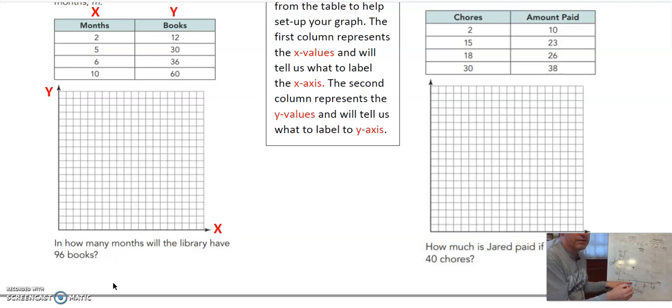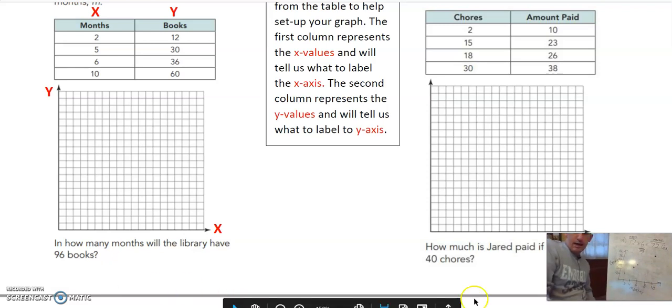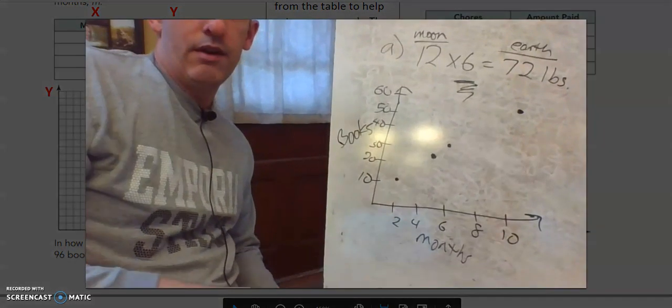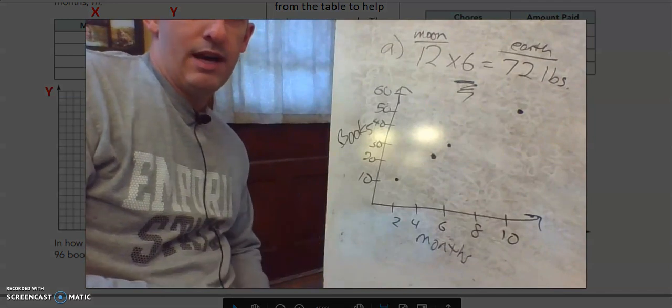And after 6 months, I have read 36 books. Notice the line is forming. And after 10, I've read 60. So not too bad. Even though I sketched it, I kind of came up with a straight line.